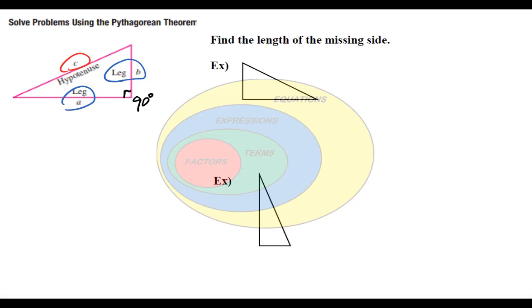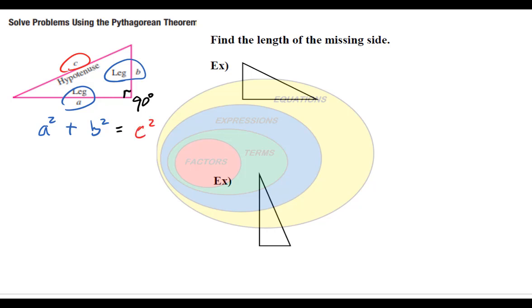So the Pythagorean Theorem basically says that the sum of the squares of the legs, so if I add up a squared plus b squared, is going to equal the hypotenuse squared, which is c squared.